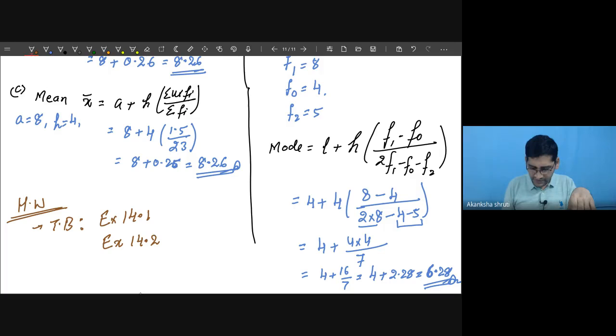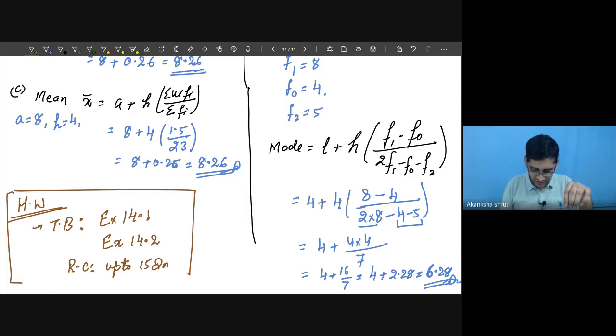And if possible, please do our RC book also, up to excluding the median. Please do up to 15 questions if you can. Otherwise, first finish our textbook. That is more important. Yeah, student, any doubt then please ask.